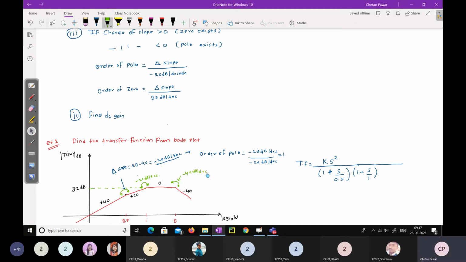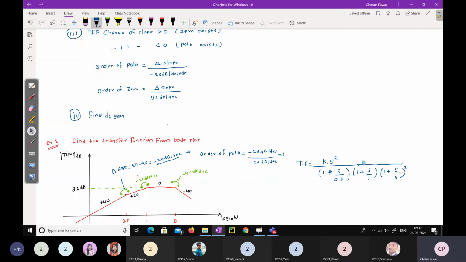So how many poles are there at this particular corner frequency? 2 poles. Yes, 2 poles are there, so 1 plus S by 5, squared. So there are 2 poles at this corner frequency, right?